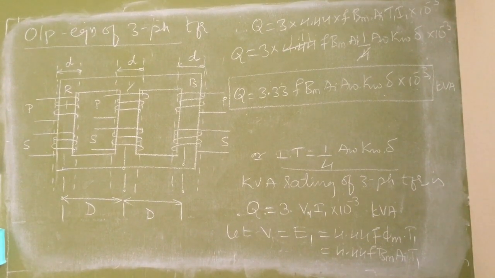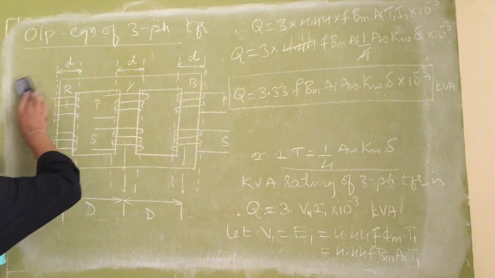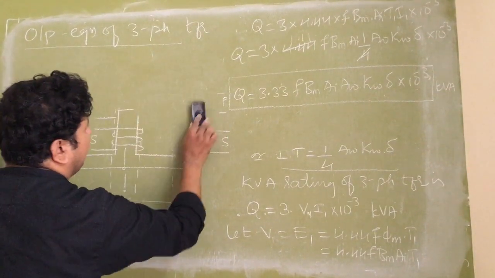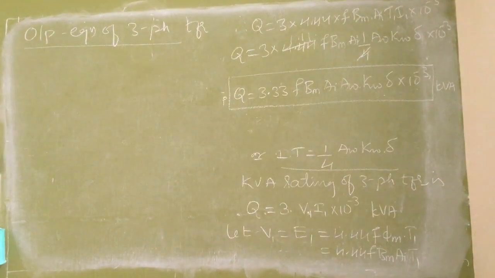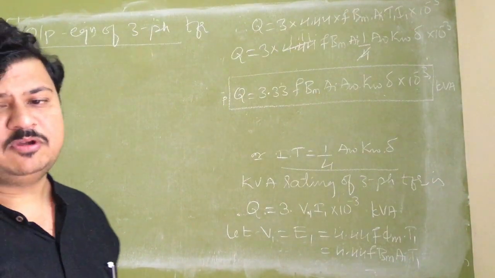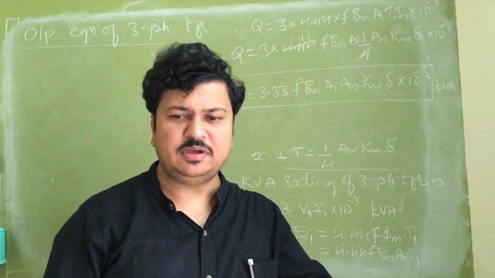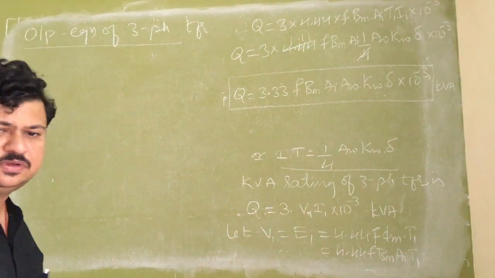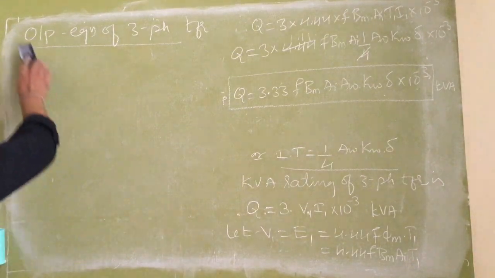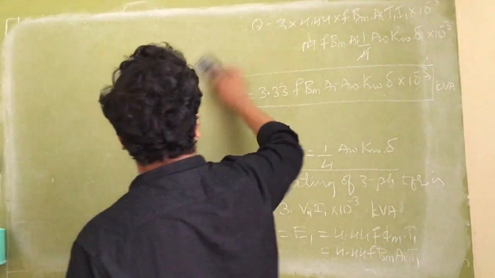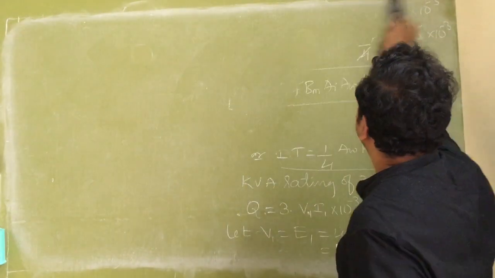So next we will take output equation and EMF per turn. Like I told, either I should suitably assume the EMF per turn at the start of the design, or I should calculate EMF per turn with respect to the kVA rating and other parameters which directly affect the design. So we should see a relation between output and the EMF per turn.